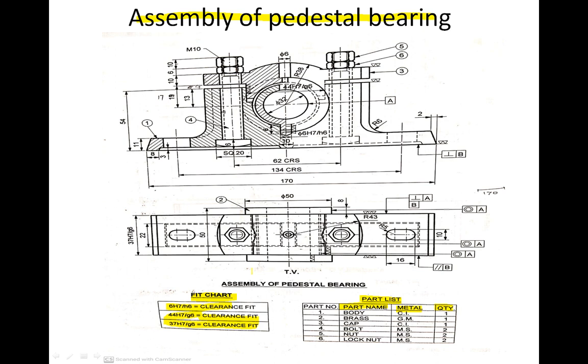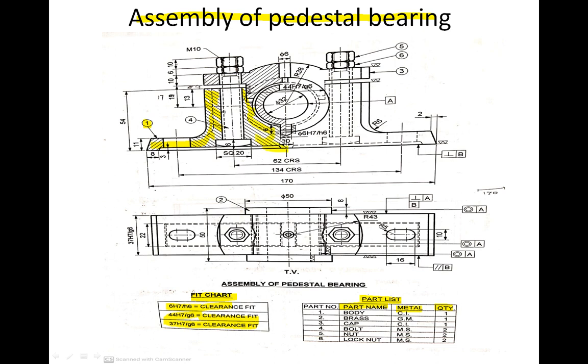So in this pedestal bearing, the main part is the body. This is part number 1. This right hand hatching part, that is the part which is hatched with the right hand, is the body.